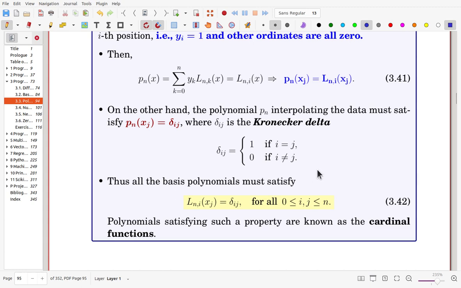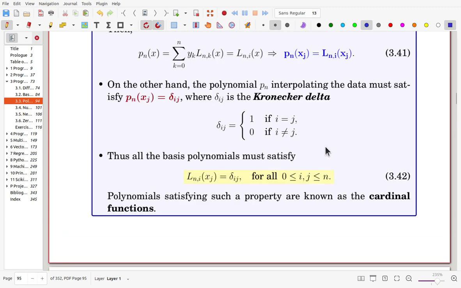Okay, so let's see an example. When n equals 2, there are 3 points: x0, x1, and x2. Now L20 is only 1 at x0, so the value is 1 here, and at other points the value must be 0, which means that the shape is given in this way.